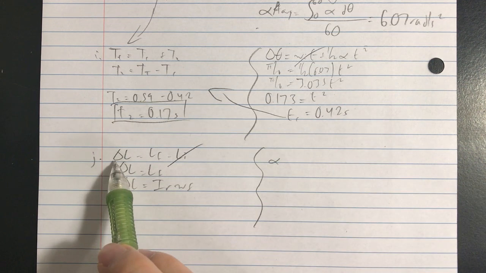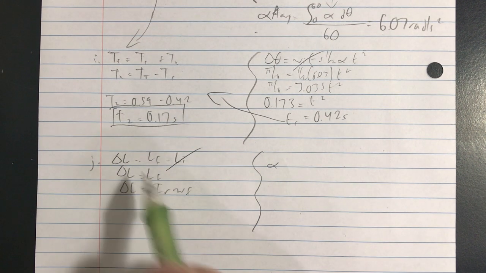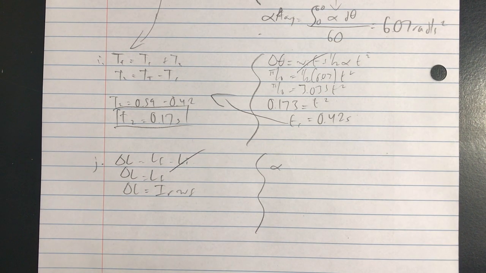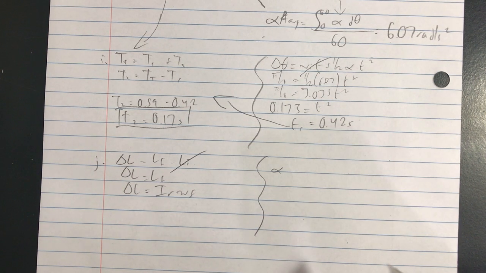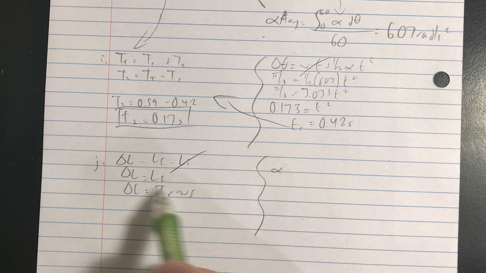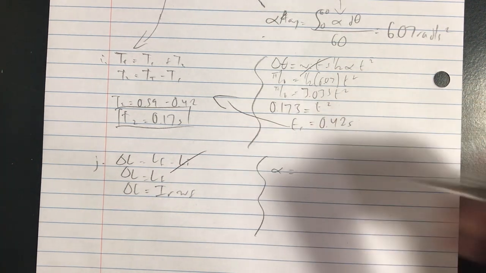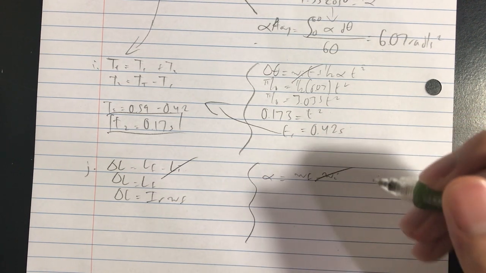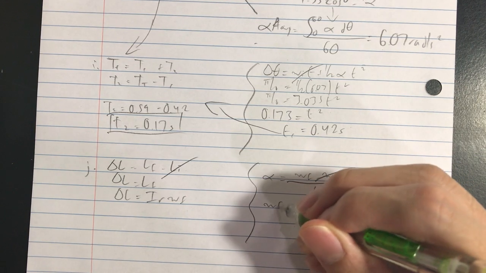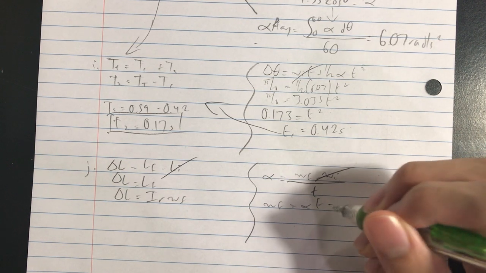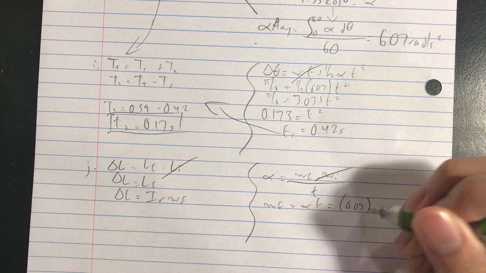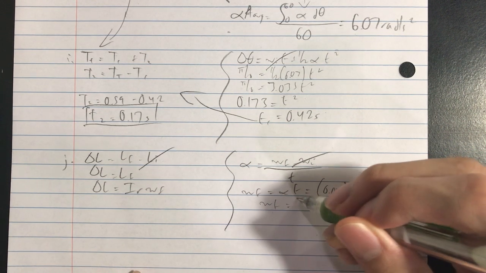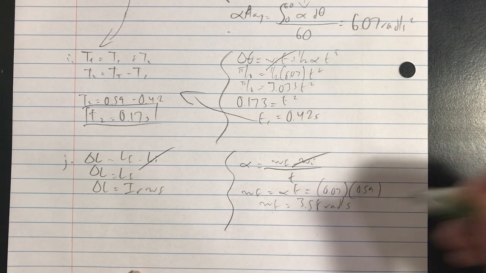I'll repeat again. Change in angular momentum equals LF minus LI. LI is crossed out because there is no initial angular momentum, because it's at rest. Therefore, there's no initial angular velocity. So we're left with this, and I was about to use angular acceleration to find omega F. So omega F equals alpha times time, which is equal to 6.07 times total time, which is 0.59, and we're left with 3.58 radians per second.